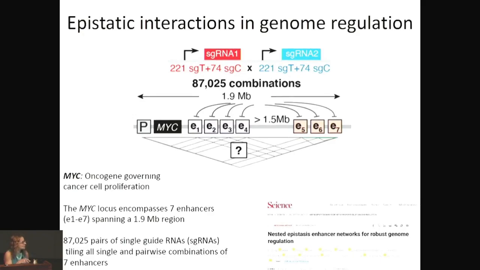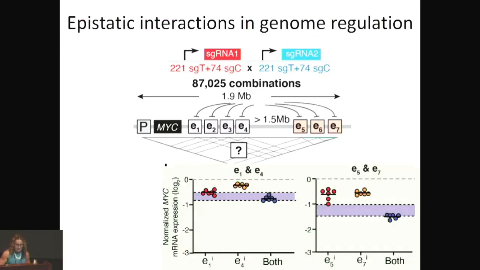This is known from the literature, that all of these enhancers play a role. So this paper essentially wanted to know what the interactions between these enhancers are. They designed guide RNAs that either target these enhancers individually or target them in pairs. What they found is that, whether they target them individually or in pairs, if the enhancers are in the same region, their effect is additive.